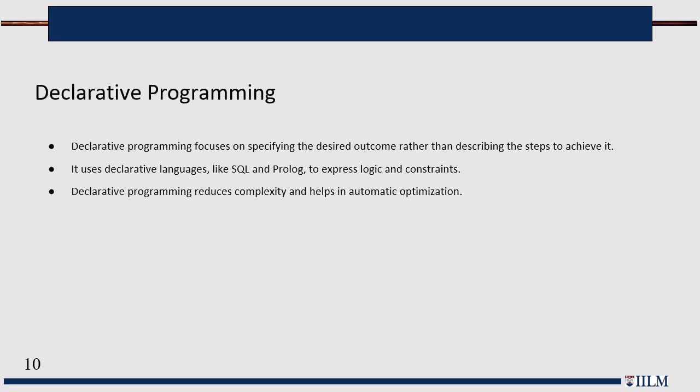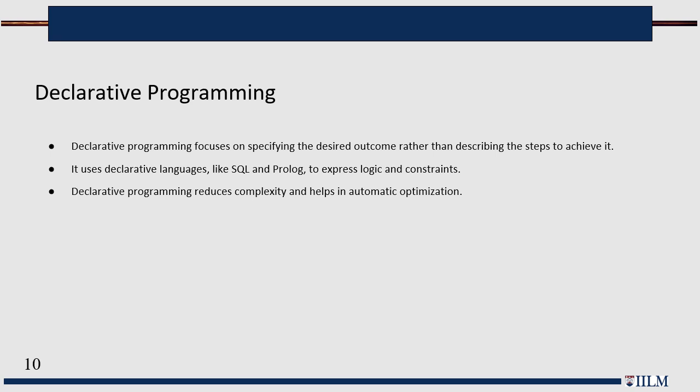Then you specify what you want, but the method of obtaining it is not specified in declarative programming. So if we check, it uses declarative languages like SQL. There are three different language commands in SQL, and Prolog is used to express logic and constraints.